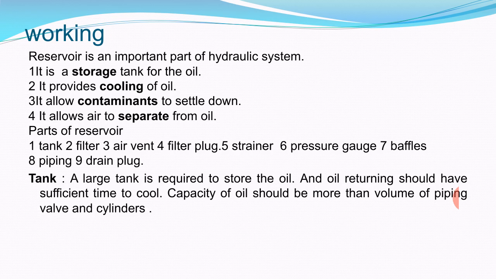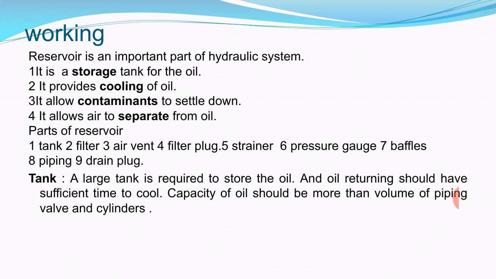Then it provides cooling of oil. After doing work, oil returns to the reservoir, and if it is large enough, the oil will expand and release its heat, that is the cooling. It allows the contaminants to settle. Contaminants mean metal particles or dust particles mixed with the oil, which return to the tank and settle down in the reservoir.